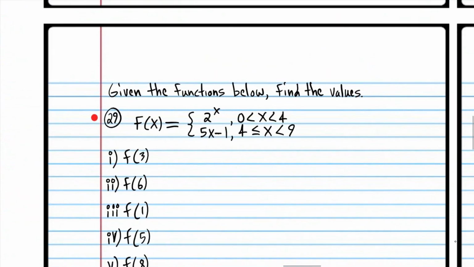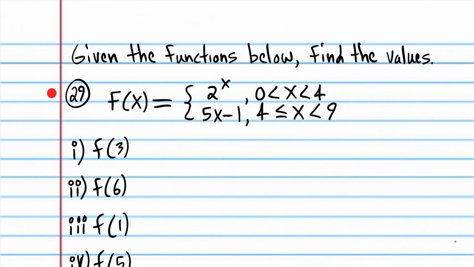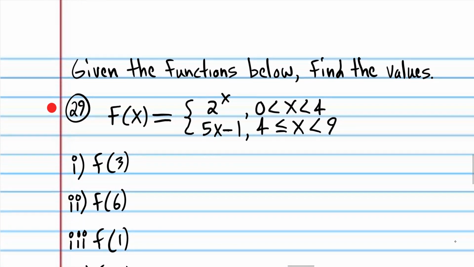So let's do some example problems. We're asked to find f of 3. But the problem is we don't know if we use this expression to find the output or this expression to find the output. The output is f of 3, but do we use the blue equation or the green equation? Well, we don't know. But these intervals here tell us.